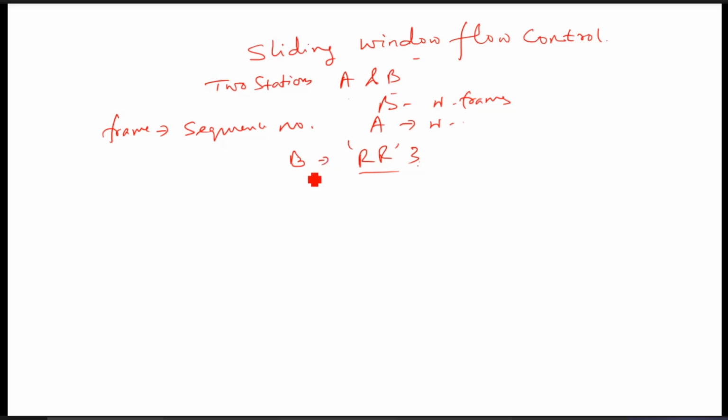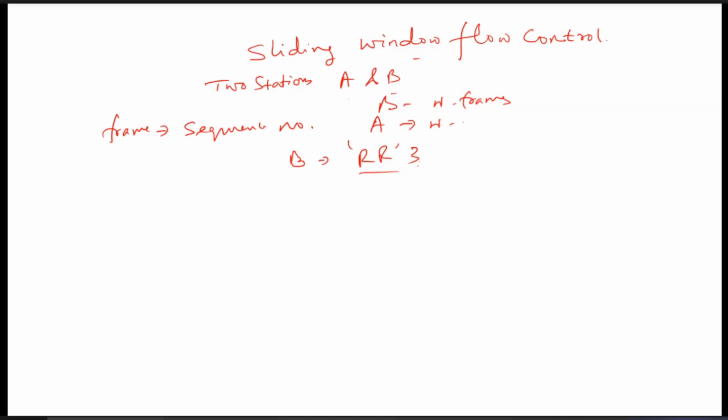Something more important is that A will maintain the list of sequence numbers that it can send, and B maintains the sequence numbers that it is prepared to receive. These are most important, what I'm saying just now.